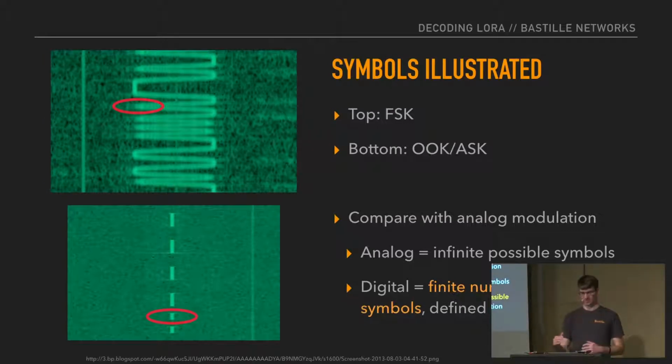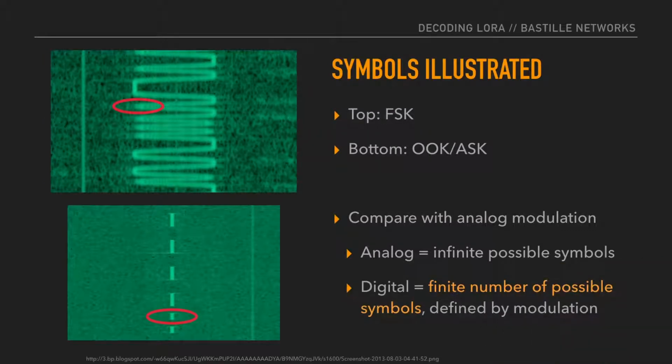So here we have two pictures of two different modulations. And I just want to put these up here to help get a grasp on what a symbol looks like. On top, we have frequency shift keying, where you can see your signal is alternating between two frequencies. When it's on the left, it's dwelling on one frequency, and when it's on the right, it's dwelling on another frequency. Which symbol is present is based on what frequency that signal is on at a discretely sampled moment in time.